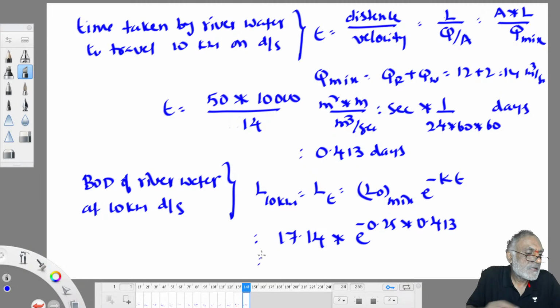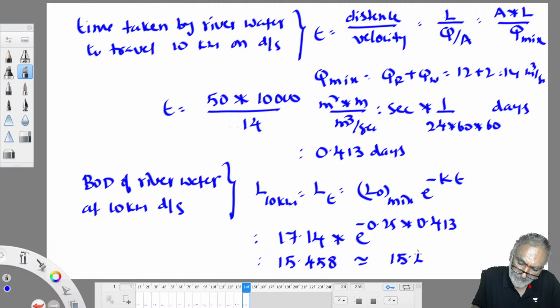So this will give how much amount of BOD would remain in river water after traveling 10 kilometers on the downstream side. So 17.14 into e power minus 0.25 into 0.413. So I got exactly 15.458. So this is rounded to 15.46 milligram per liter. So that was the answer for this question.